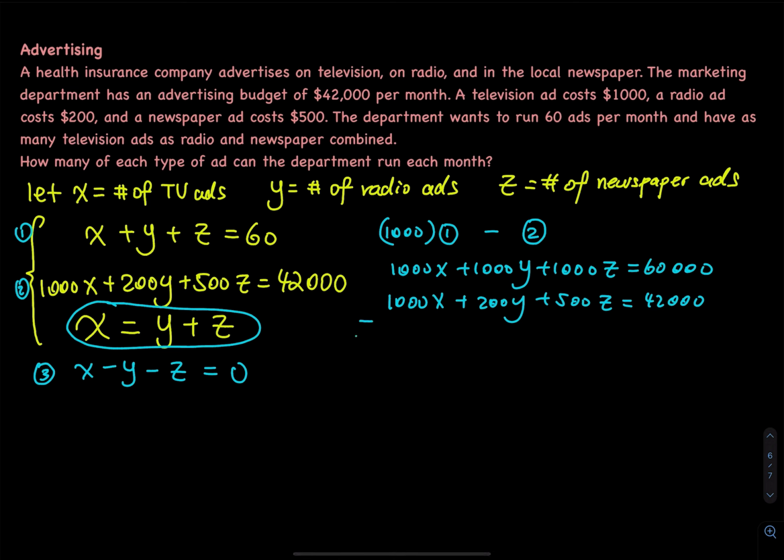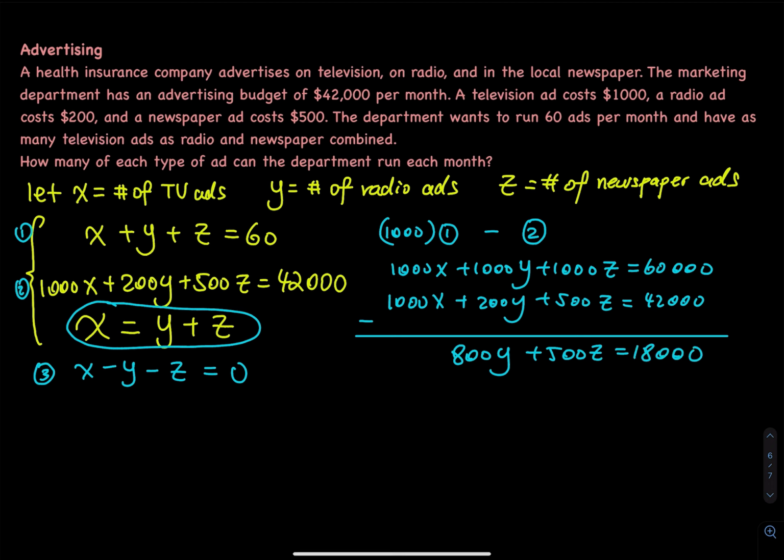And then I subtract them. X, done. 1000 minus 200 is 800, so 800y, and then 500z equals, subtract that, 60 minus 42, that is 18. Okay, x is gone.